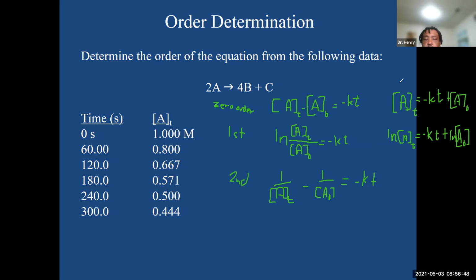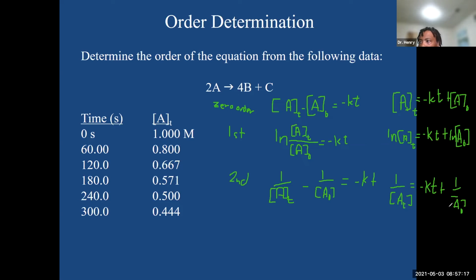And then in this case, y is just the concentration. And in this last case, 1 over A_t is going to equal minus kt plus 1 over A naught.